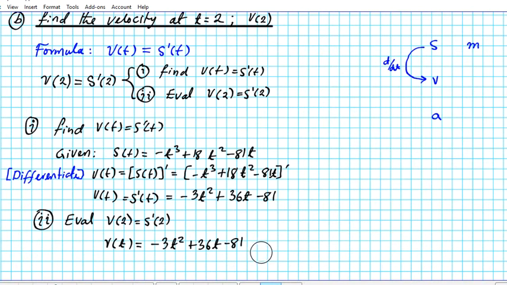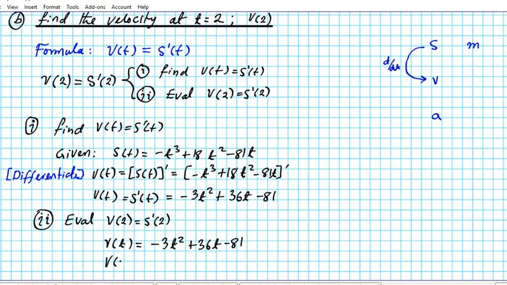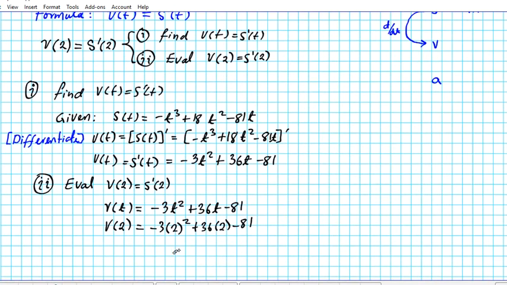Now to find v of 2, we're simply just going to evaluate. Okay, so v of 2 is going to be negative 3 times 2 squared plus 36 times 2 minus 81. If you do the calculations, using the order of operations, we'll have negative 12 plus 72 minus 81.